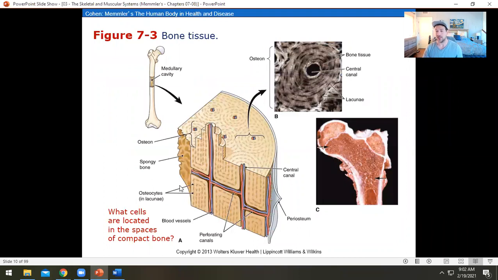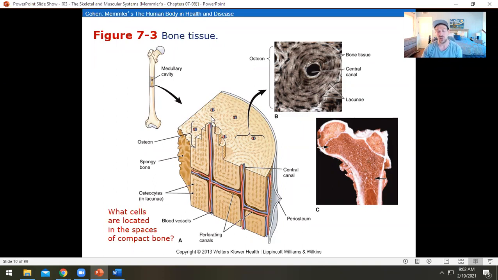So they actually alternate themselves. This ring might twist slightly at an angle like this, and the other ring might twist slightly at an angle like that. And so it creates this cross section in two different directions. And that allows your bones to have a really great structure that can resist a little bit of flexion, right? If you were to take a bone and bend it ever so slightly, it would be pretty good at resisting that while still maintaining a very hard structure.